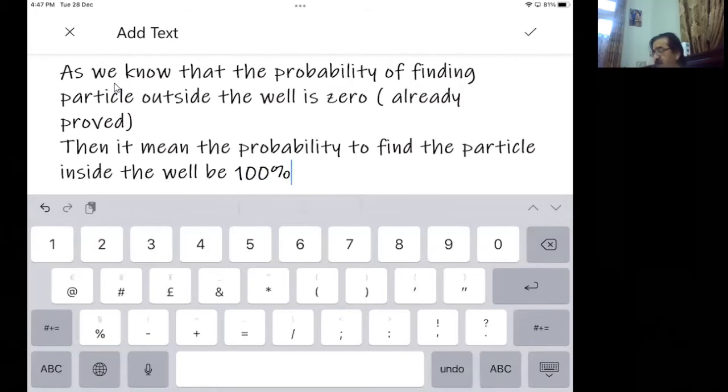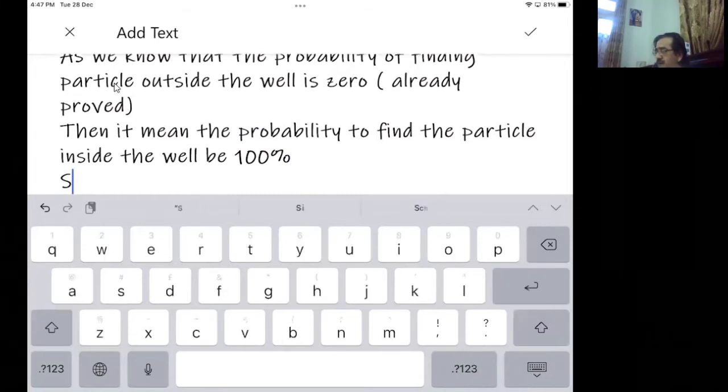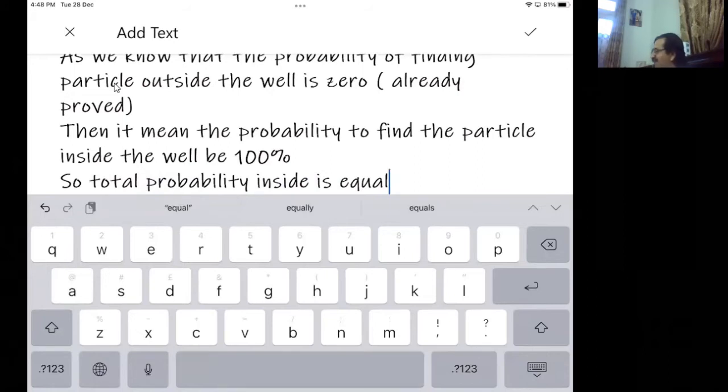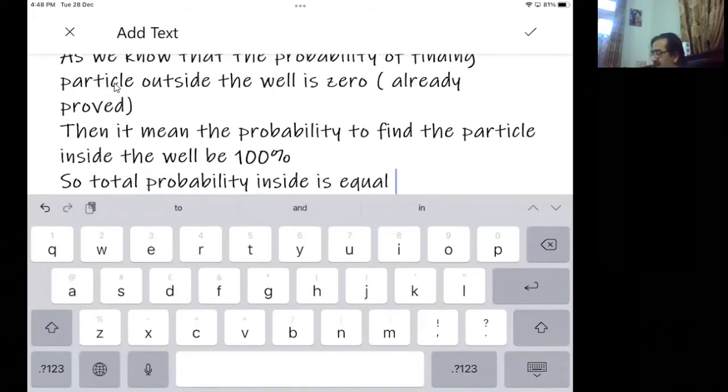So the total probability inside is equal to 1.